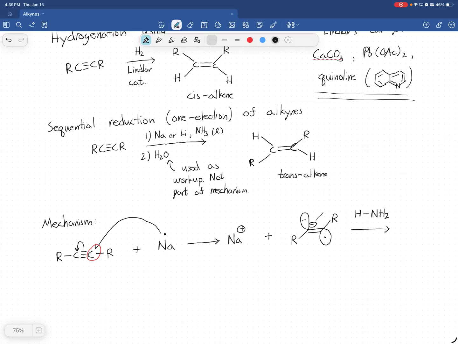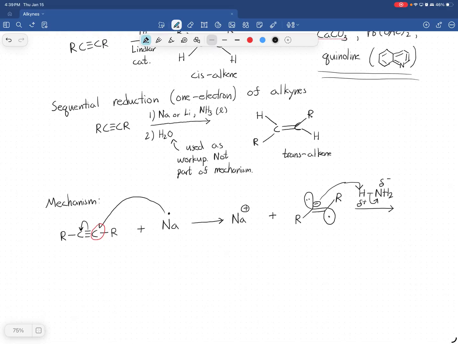So let's take this negative charge. Remember, nitrogen is also partially negative. What's hydrogen going to be? Yeah, partially positive. So I'm going to attack that hydrogen and kick off this nitrogen. The reason why this goes at all is because this carbon is a better base than nitrogen ever is. So that's why it will look like that.